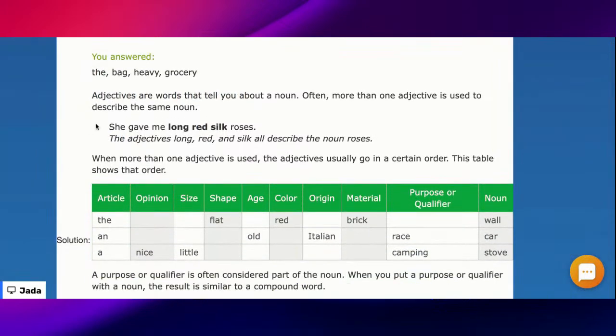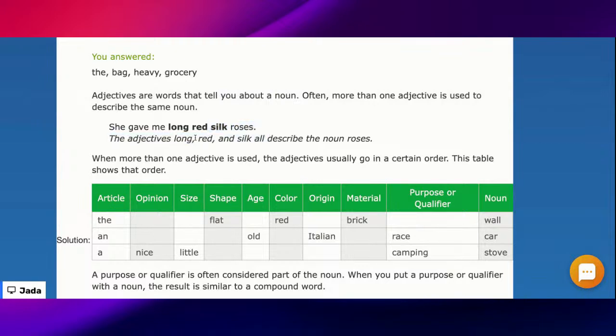So we know that adjectives are words that tell you about a noun. Often, more than one adjective is used to describe the same noun. She gave me long red silk roses.